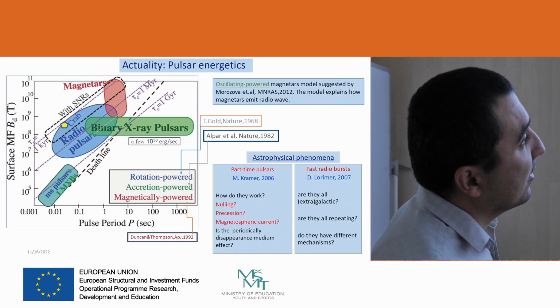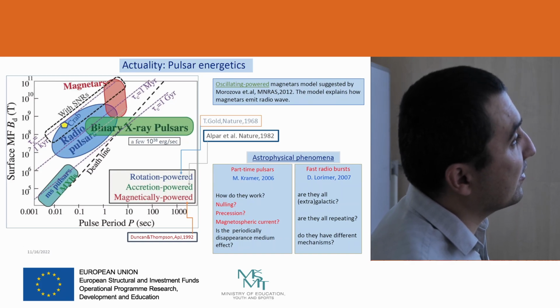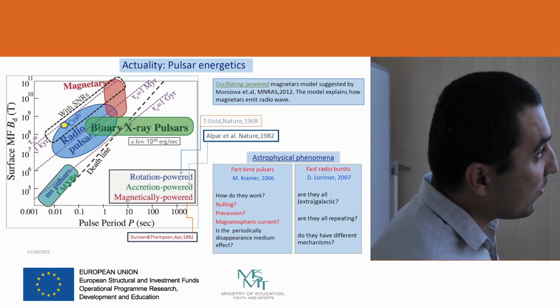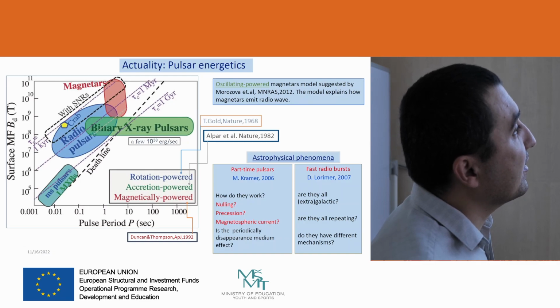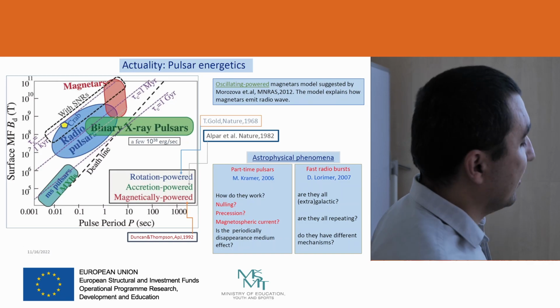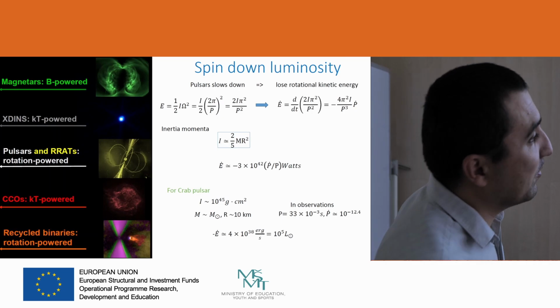How do fast radio bursts, FRBs, arise from neutron stars, and what is the mechanism of part-time pulsars? Do they work part-time? We can try to explain.